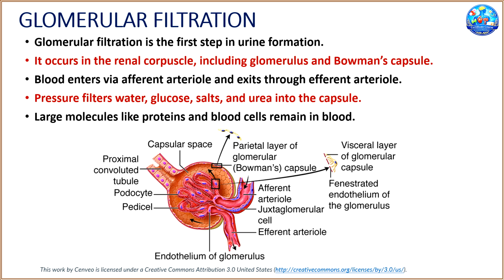The pressure within the glomerular capillaries forces water, glucose, salts, and even urea to get filtered into the Bowman's capsule. This forms the glomerular filtrate, and this is known as ultrafiltration, where large molecules such as protein and blood cells remain without getting filtered, while the filtrate comprises all the smaller ones.